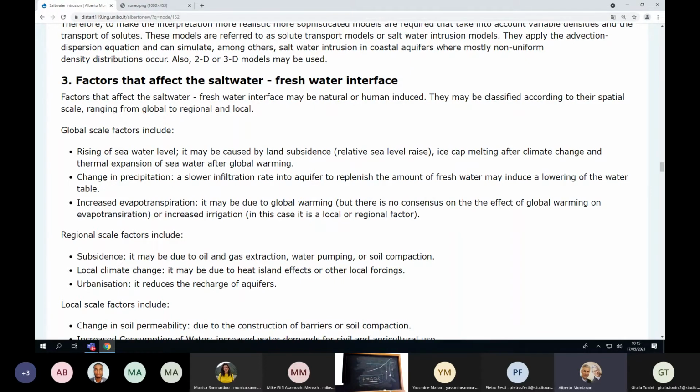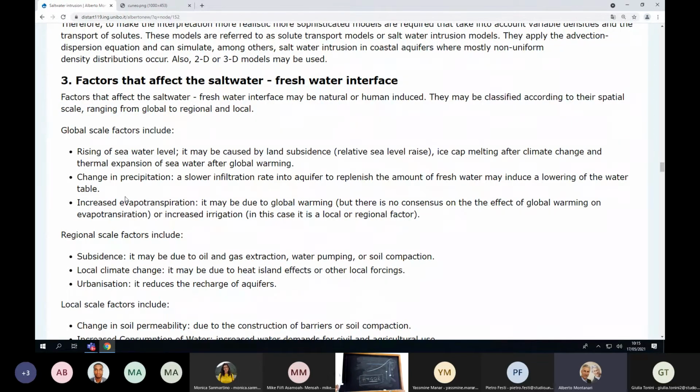If you decrease the amount of groundwater, you, of course, increase your chances of getting saltwater intrusion. And there might be reduced infiltration from soil compaction or soil drainage. Today, we tend to improve our drainage efficiency for the land, for the roads, for the cities.